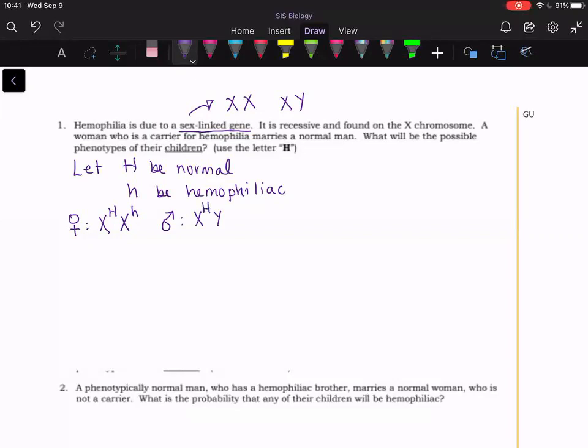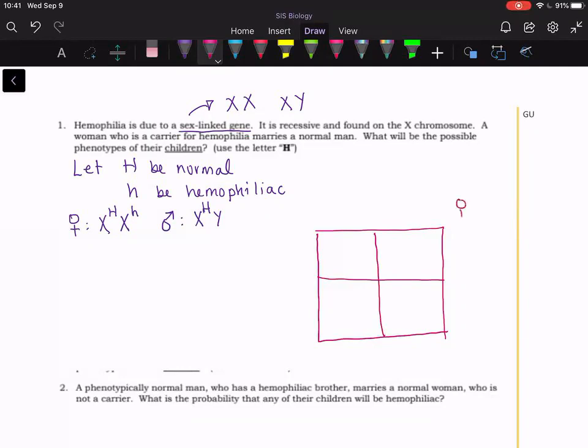All right, I'm going to switch up the color to do our Punnett square. So remember when you're doing a Punnett square that you're going to have one of the parent's gametes on one side, and then the other side going up, you're going to have the other gametes, okay?